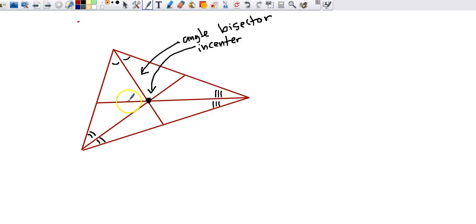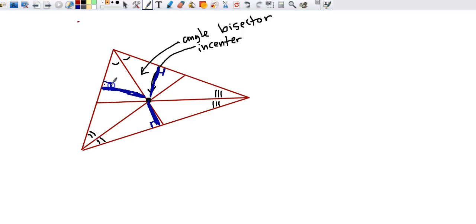This segment right here, if I drew this perfectly, would be the exact same measure as this segment. It would be the exact same measure as this segment.